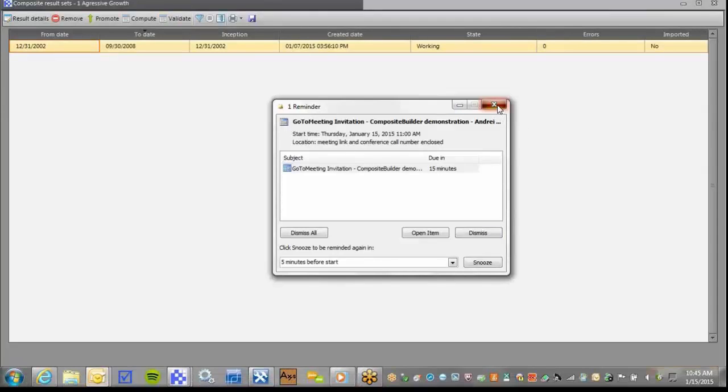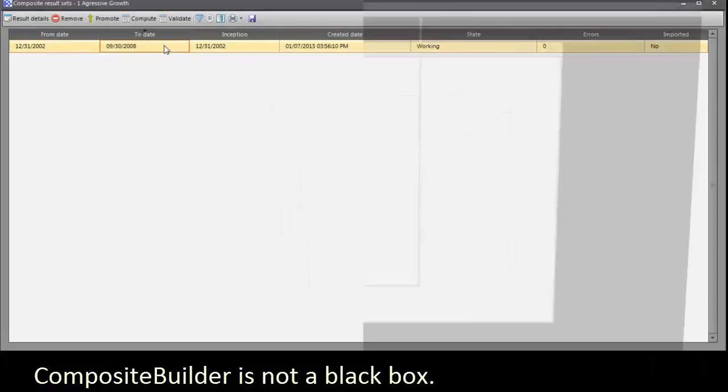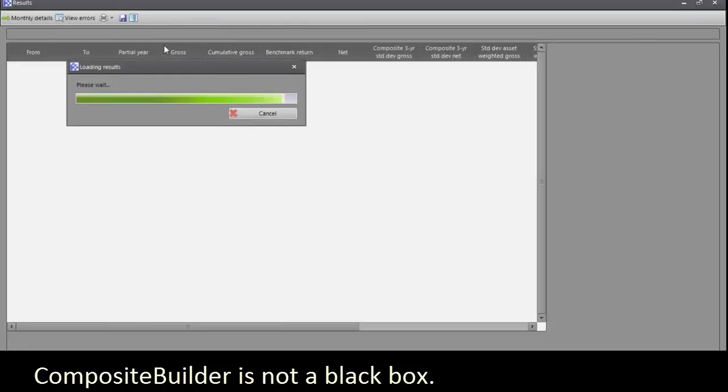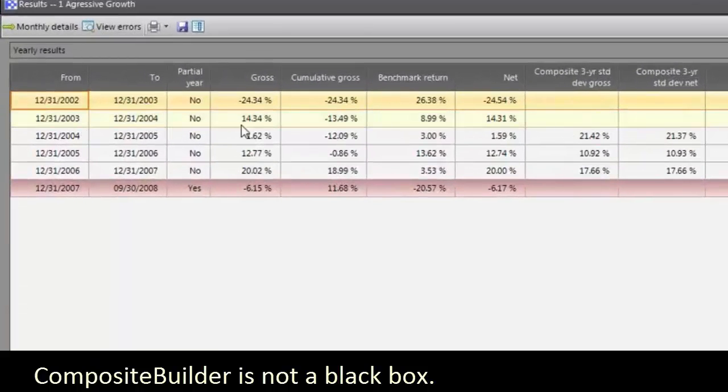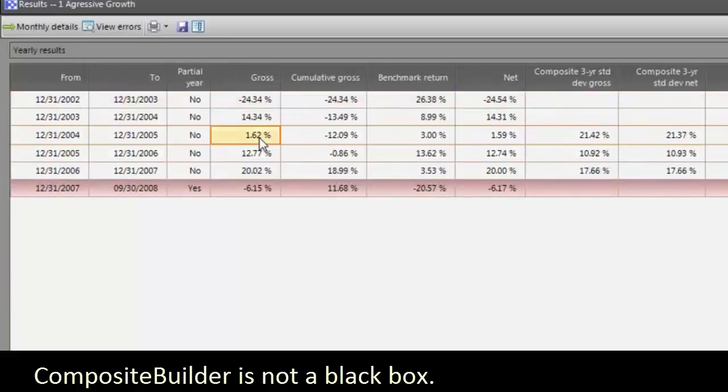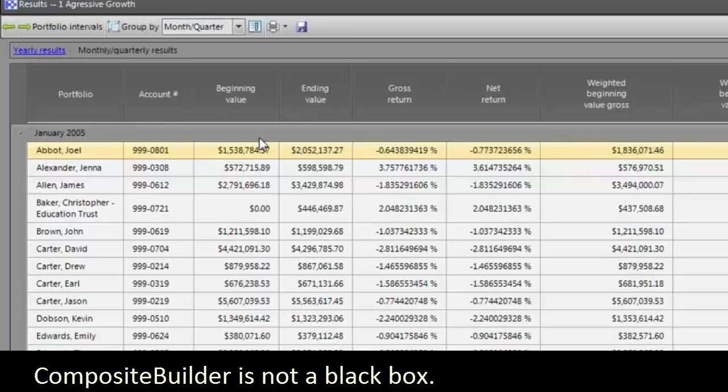Okay, so a couple things that we're doing in Composite Builder. When we compute results, there's no black box. We save all the details, so your numbers can be completely audited. When we compute the composite return, initially you see them computed on a year-by-year basis here. This is all test data, so these returns don't actually look very good.